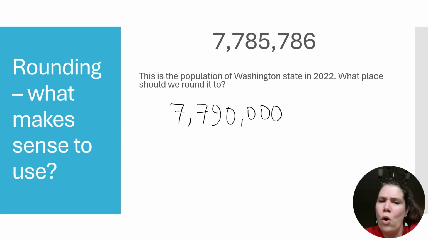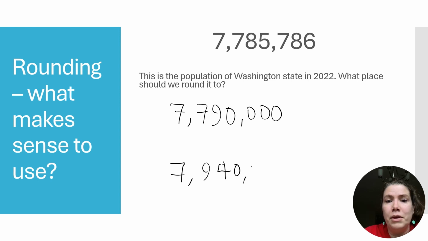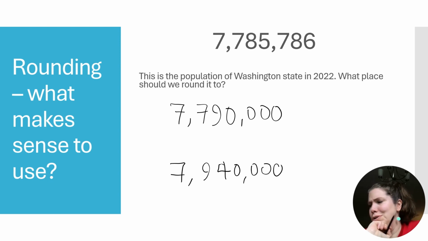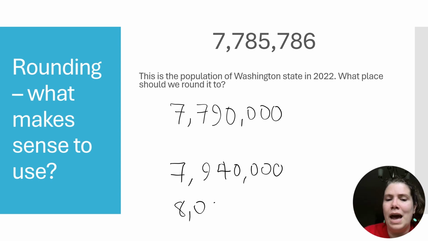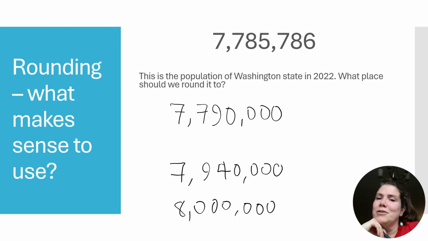And now we can say, oh, this is Washington, and a comparable state has 7,940,000. If we were comparing Washington State to the population of Italy or something that's much larger, then maybe we just want to round it to 8 million. And we say there's about 8 million people in Washington, and then we can compare it to something else. It's unlikely that we're going to care a lot about the smaller digits in a big number like this, but you could.